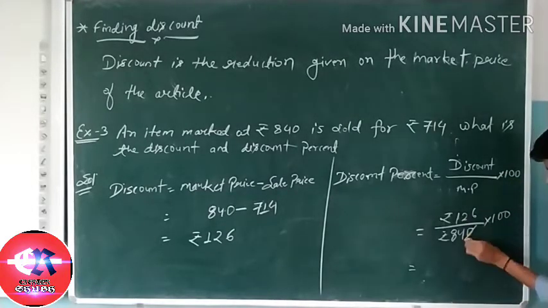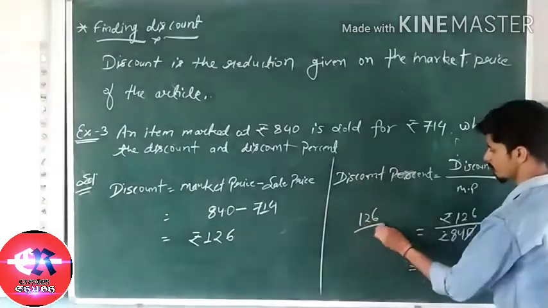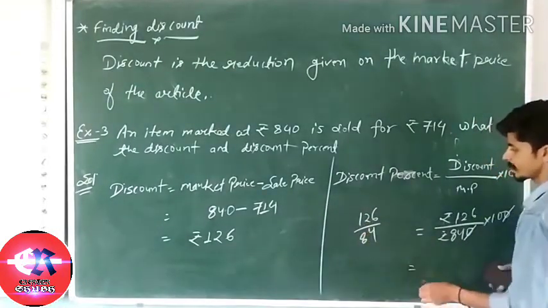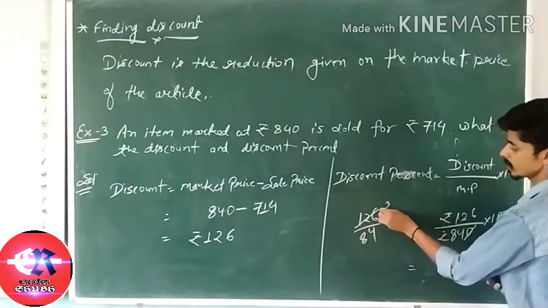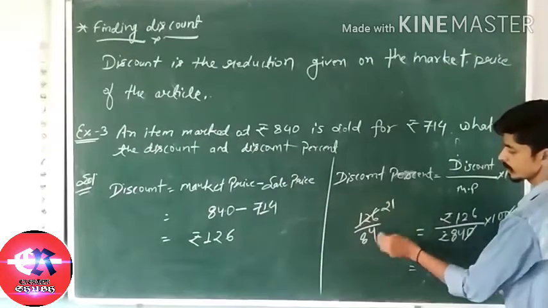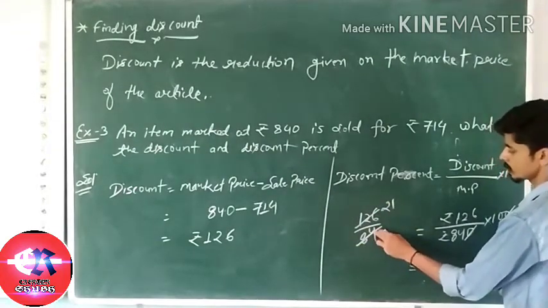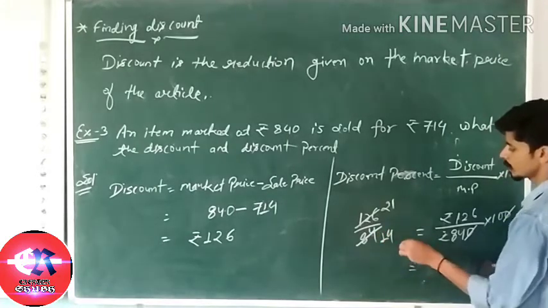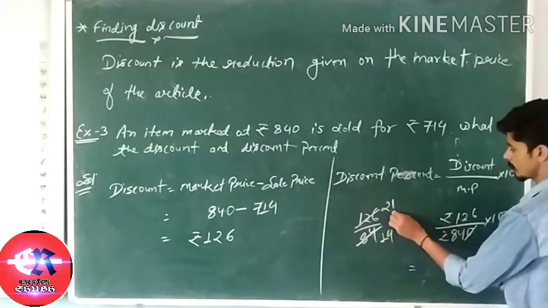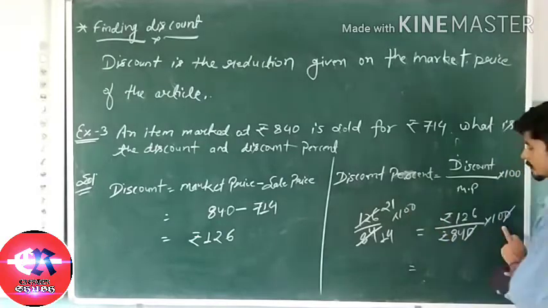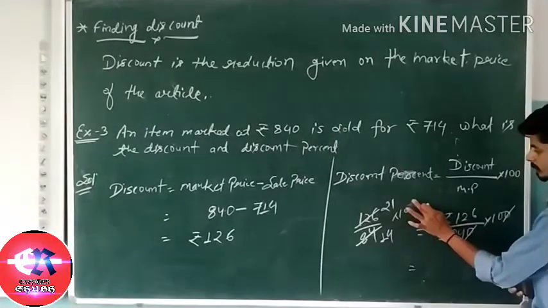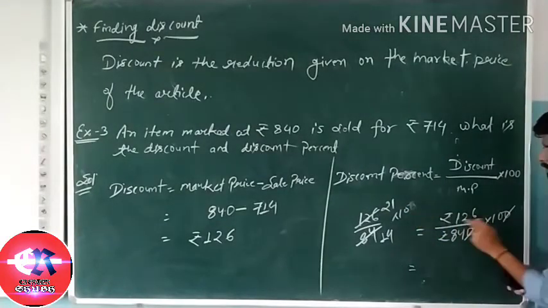Now from here we have to calculate. 0 will be cut, 0. Now we get 126 by 84: 6 2s are 12, 6 1s are 6, carry 2, 6 4s are 24. Now here the 10 is also there because 0 is cut.